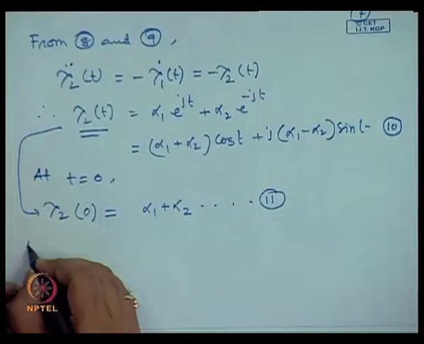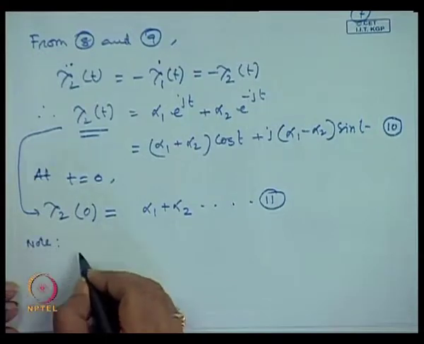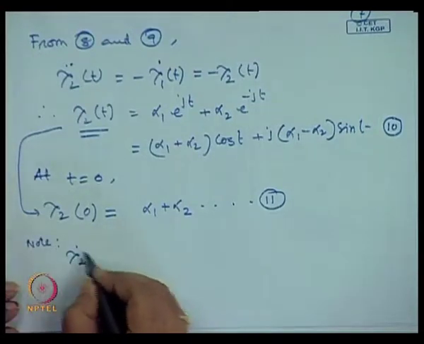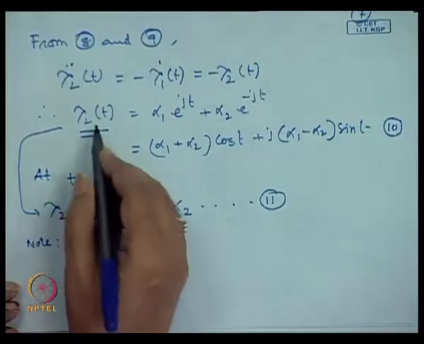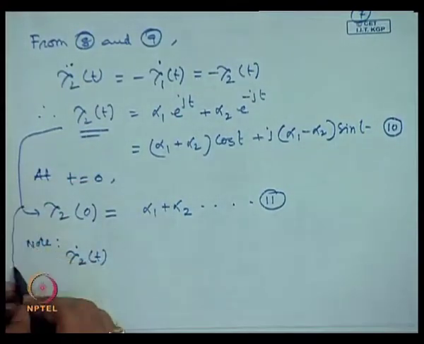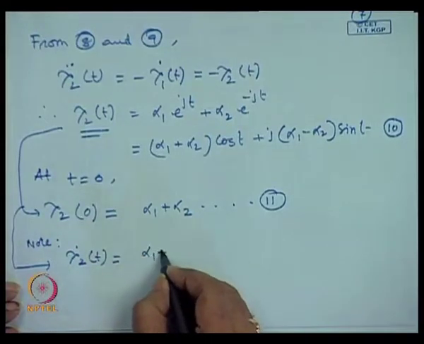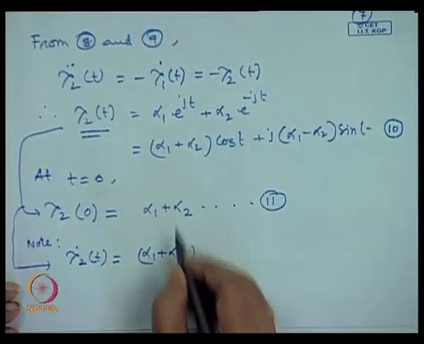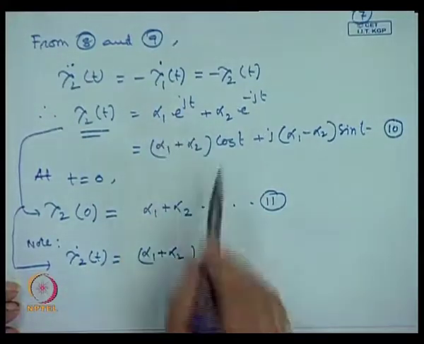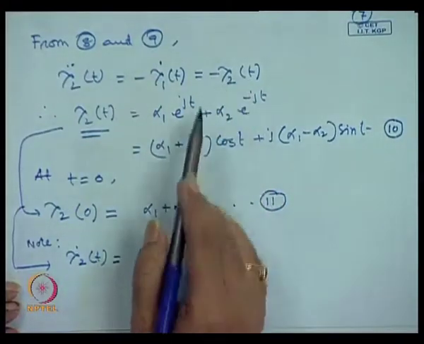Note lambda2 dot, again from here, is equal to alpha1 plus alpha2. Alpha1 and alpha2 are constants, which we can solve from the characteristic equation.